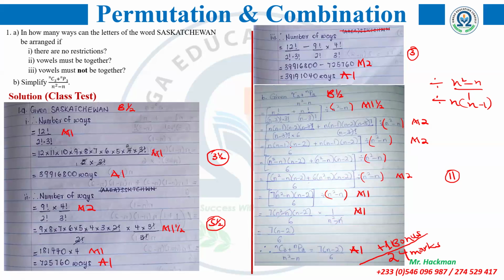If she didn't factorize, she could have also seen that what you have here would have given you this term plus that. So that would have been 7 times n minus 1 times n minus 2. That is without the factorization. Then later, it will be n into n minus 1 here.